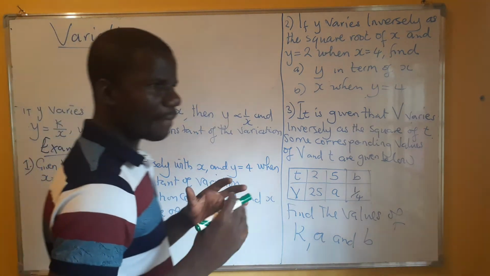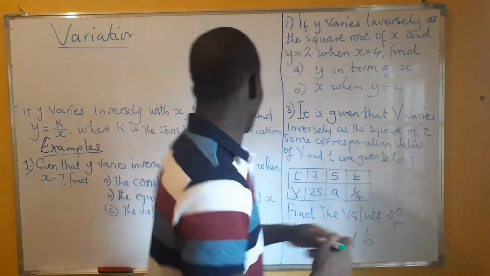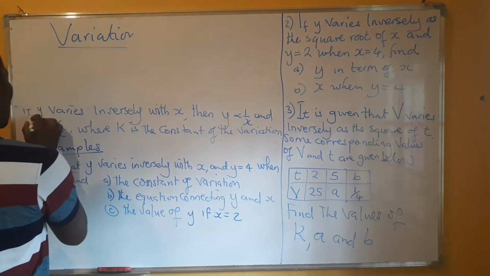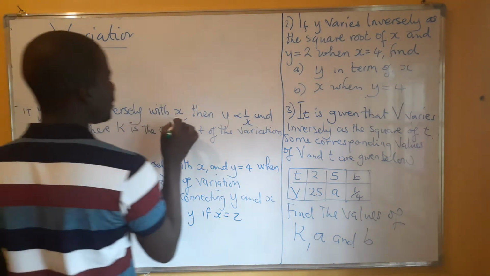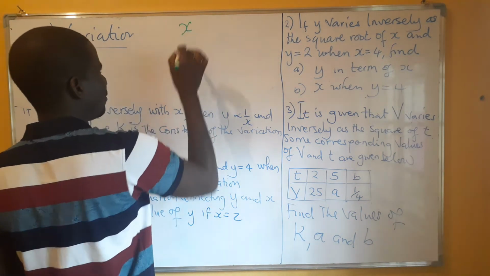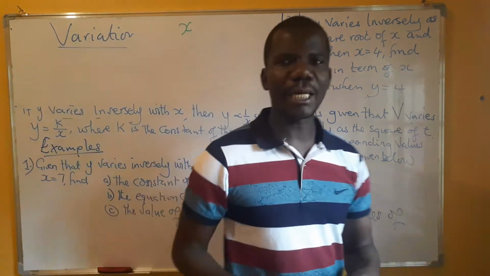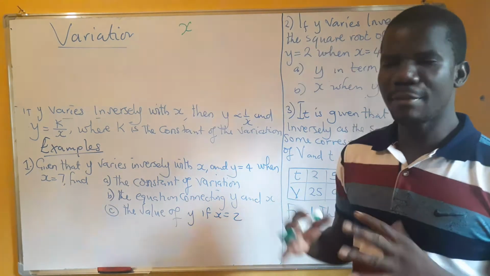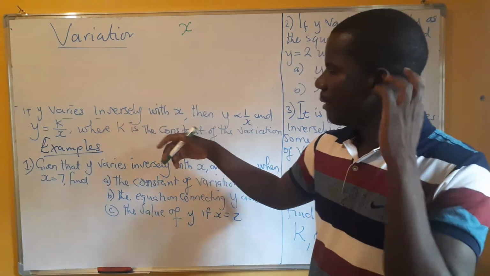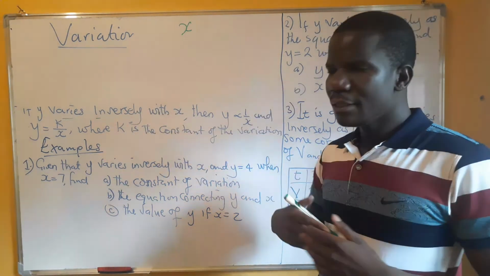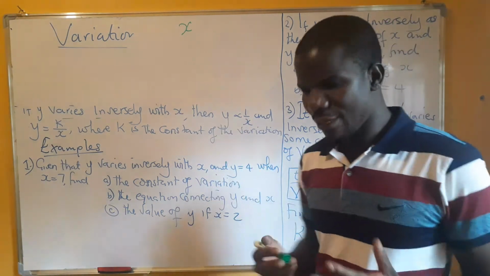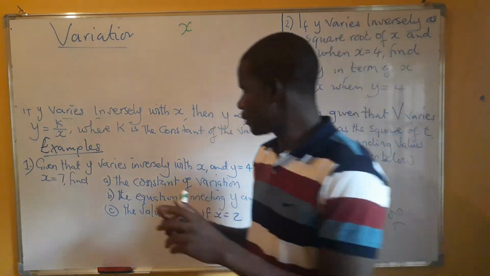Now, we are talking about an inverse. So if y varies inversely with x, we are looking at the inverse of x. Even in mathematics, what is the multiplicative inverse, if you like? What is the multiplicative inverse of x?